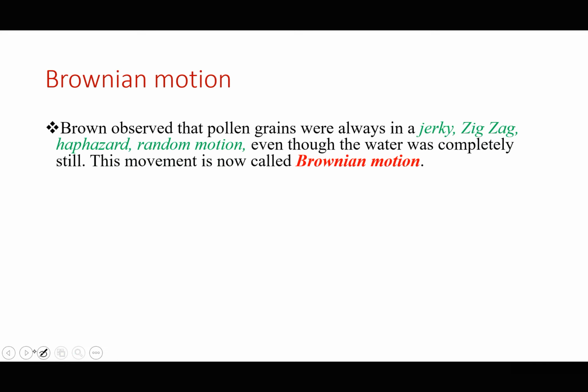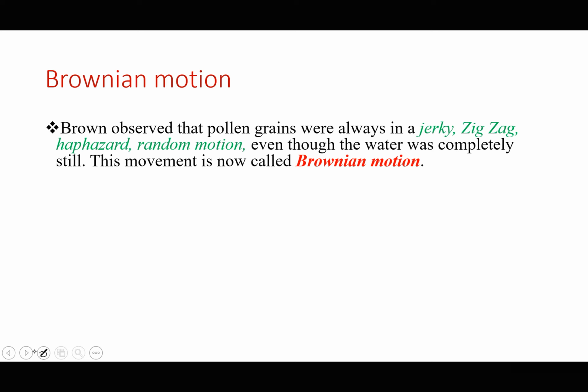Robert Brown observed that the pollen grains, which were on the surface of water, were not actually stationary when viewed under a microscope. Pollen grains, we know because we have studied some biology, are I think the reproductive parts of a flower.